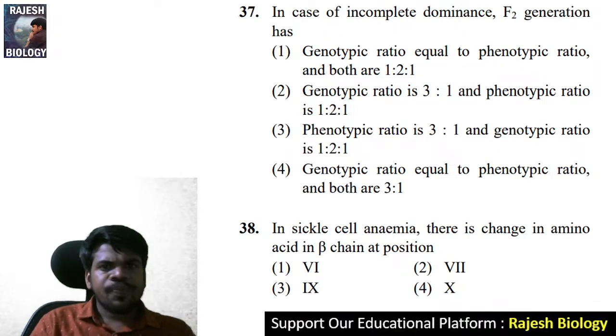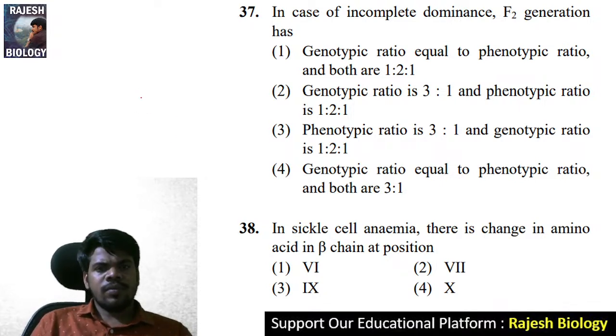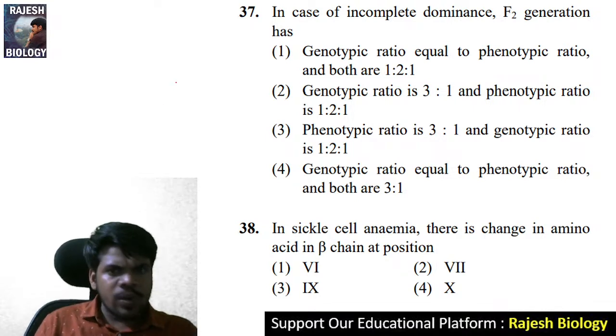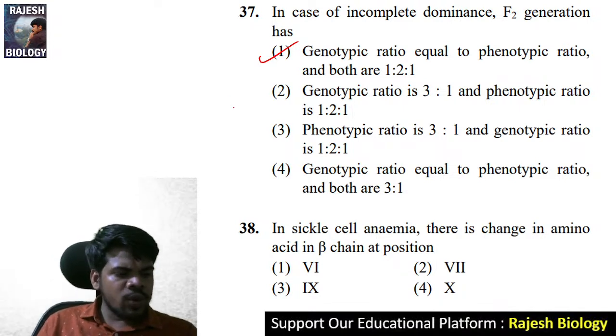37th question. In case of incomplete dominance, F2 generation has genotypic ratio equal to the phenotypic ratio, 1 is to 2 is to 1. Both genotypic and phenotypic ratios are 1 is to 2 is to 1. Come to the 38th question.